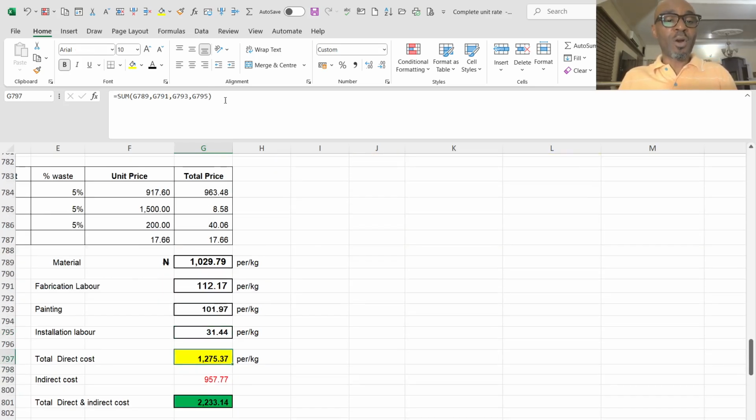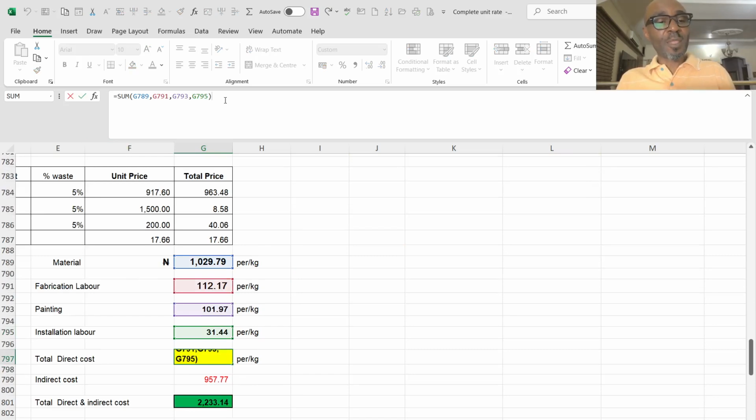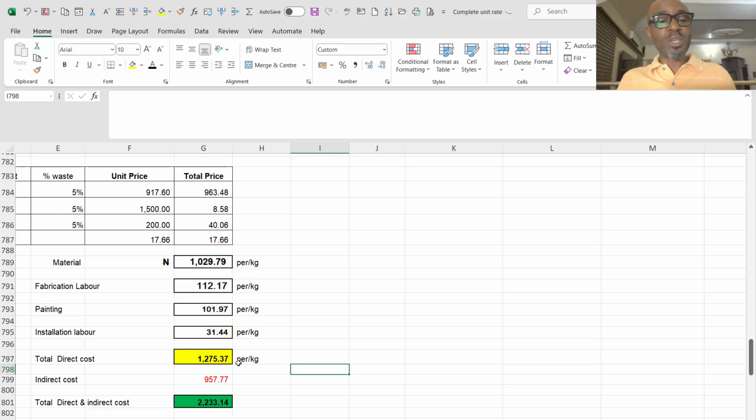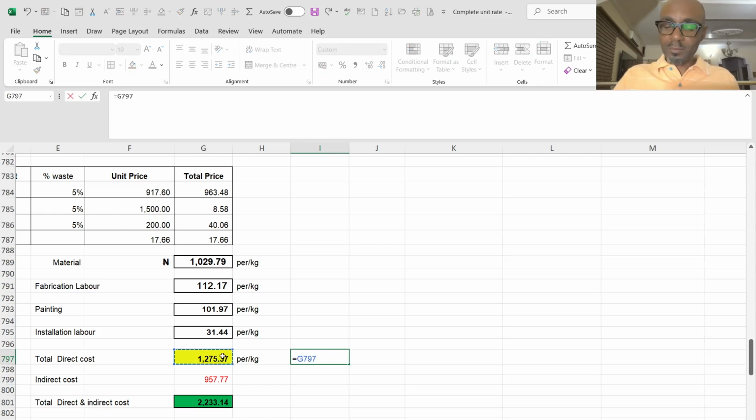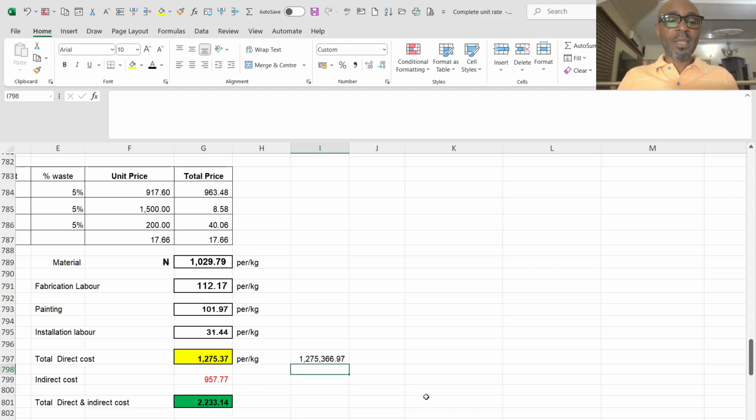Then if you sum all of this cost, labor, painting, installation cost, it will give you 1,275 naira 33 kobo per kg.